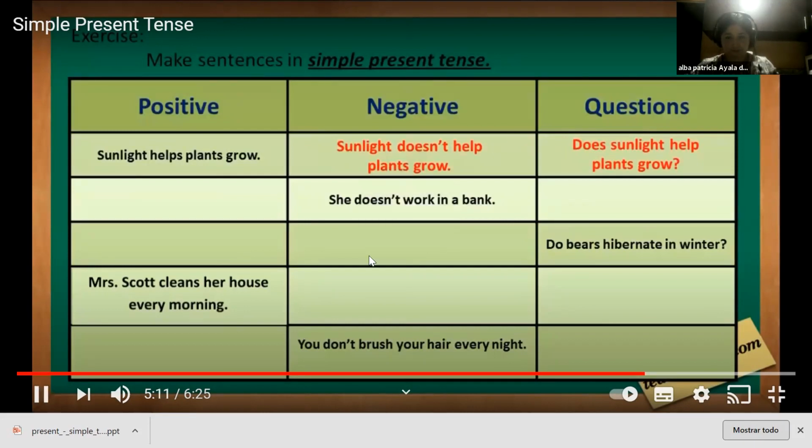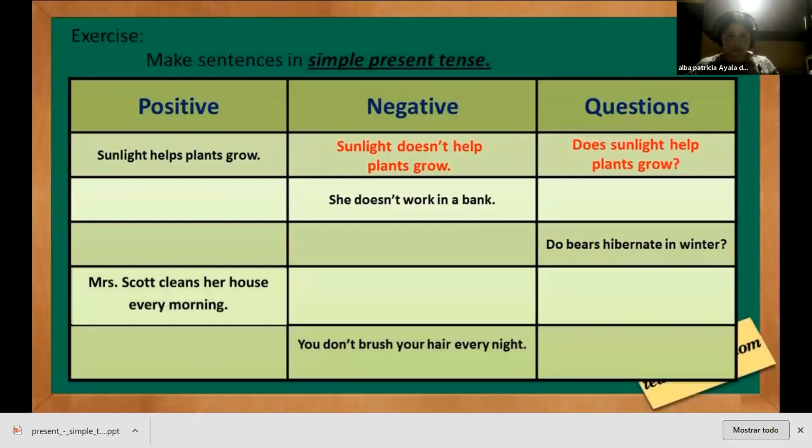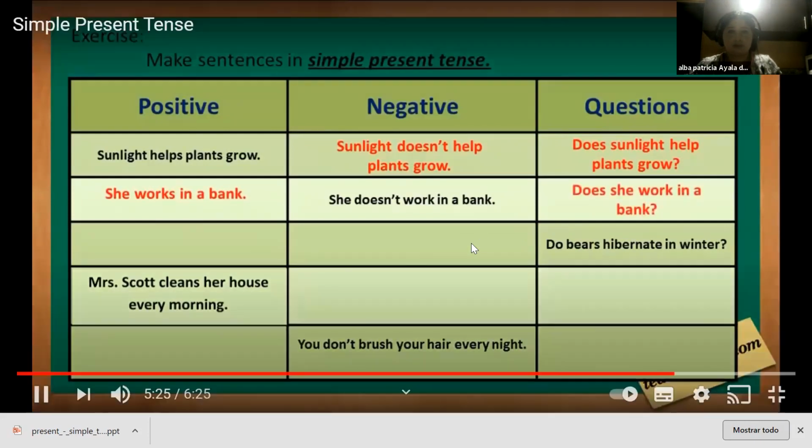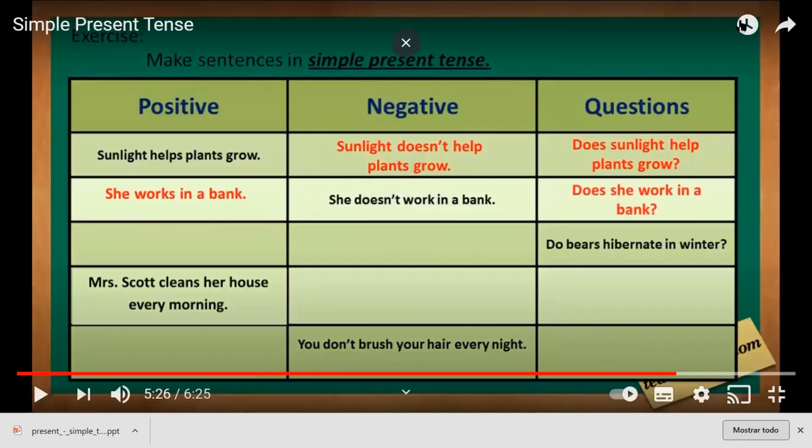The second one, she doesn't work in a bank. The positive statement should be, she works in a bank. And the question is, does she work in a bank? Yes.